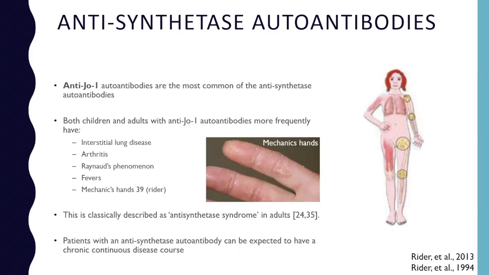This is interstitial lung disease, arthritis, Raynaud's phenomenon, where the fingers change color, fevers, and mechanic's hands, which you can see here, described by these rough sides of the hands. Patients with these autoantibodies more often have a chronic continuous disease course.